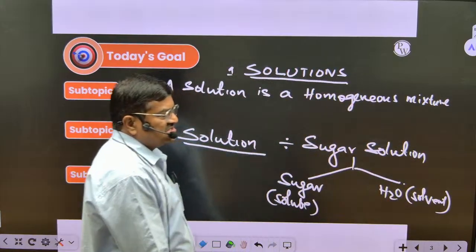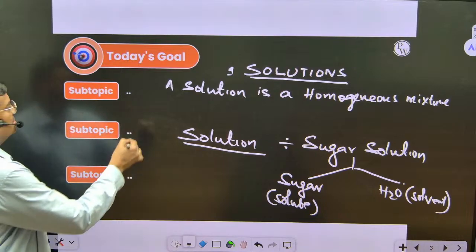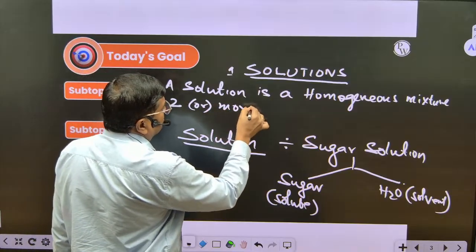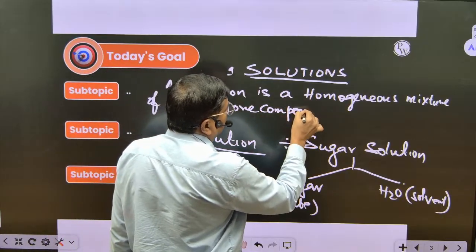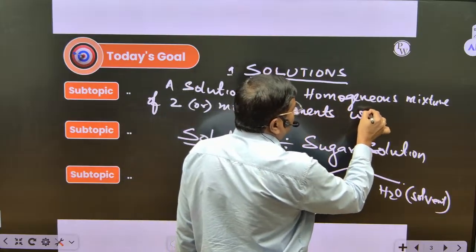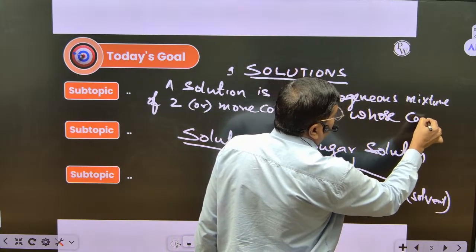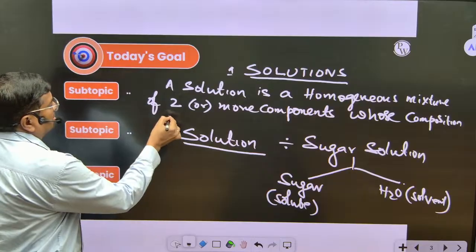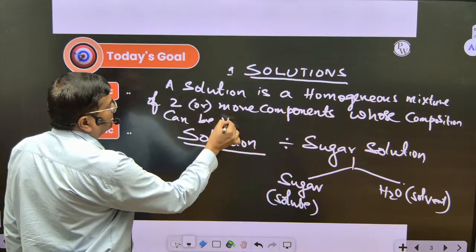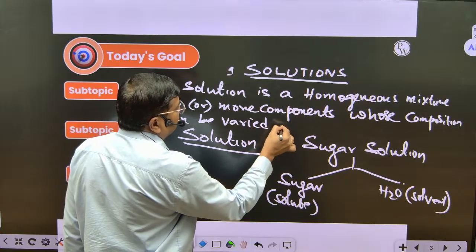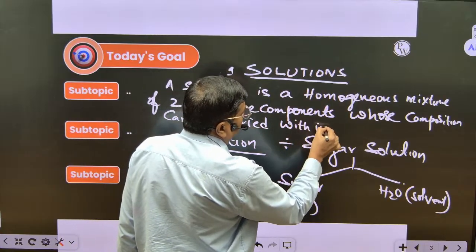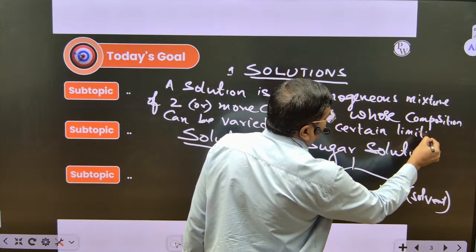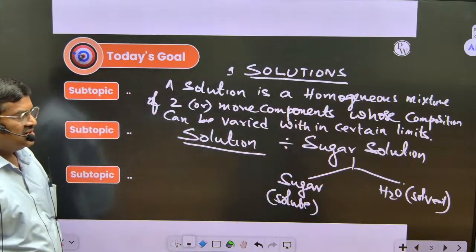It is a homogeneous mixture of two or more components, whose composition can be varied within certain limits. Understood, students? Right, definition of solution.